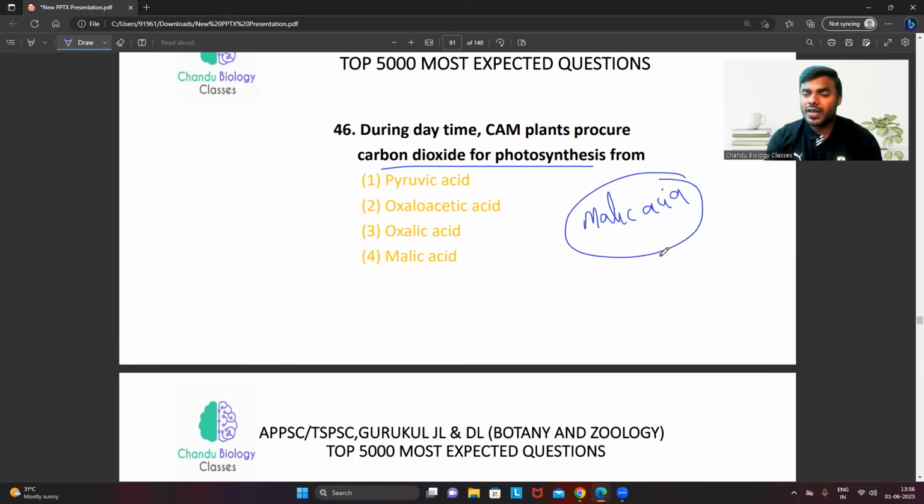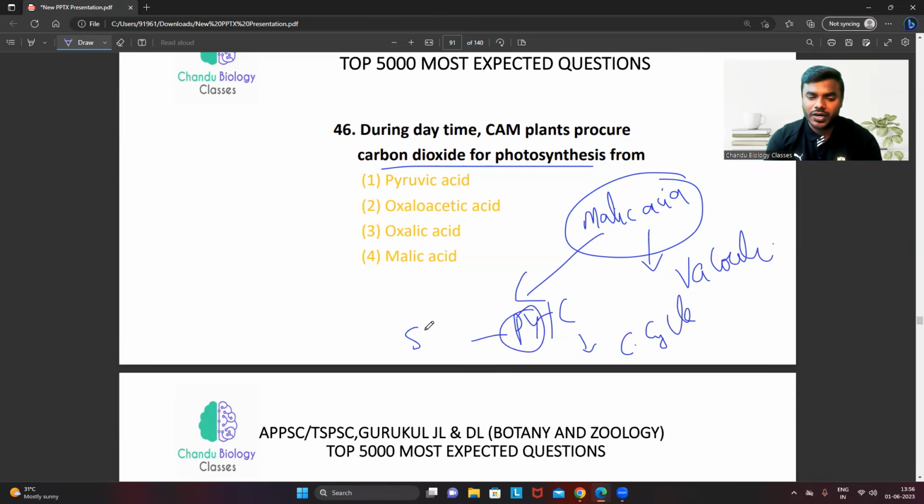Where do they store it? In the vacuole. In the daytime, they bring the malic acid out. It breaks down into pyruvate plus carbon. This carbon once again undergoes the Calvin cycle, and pyruvate can be converted into starch. So they're asking, during the daytime, how are the CAM plants getting carbon dioxide for photosynthesis? By breakdown of malic acid. Hence the answer is 4.